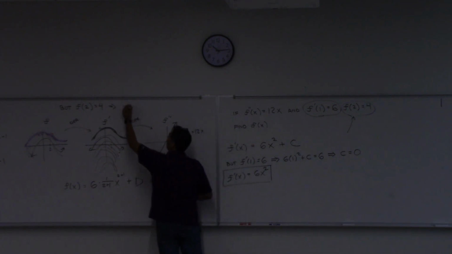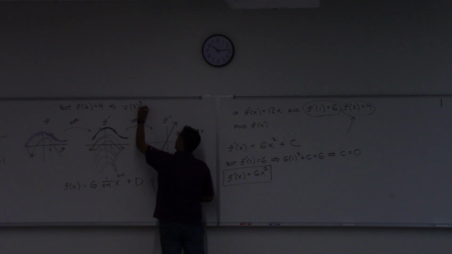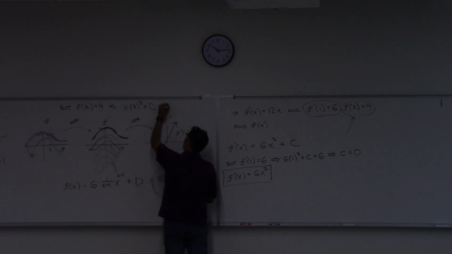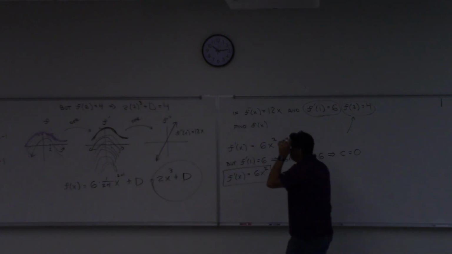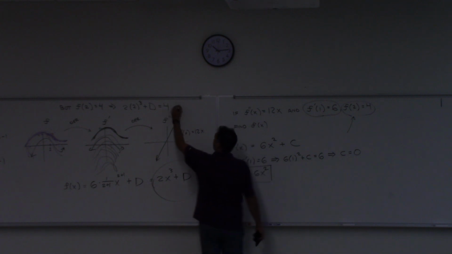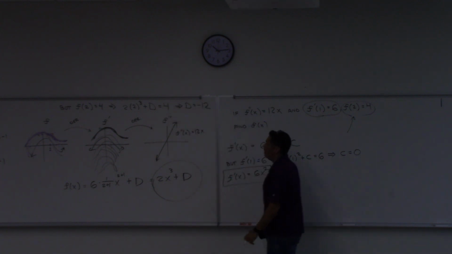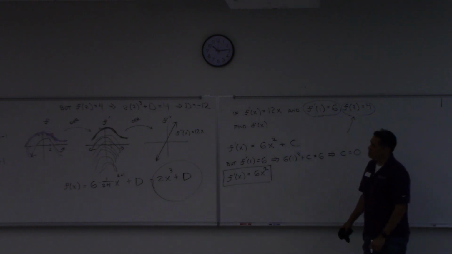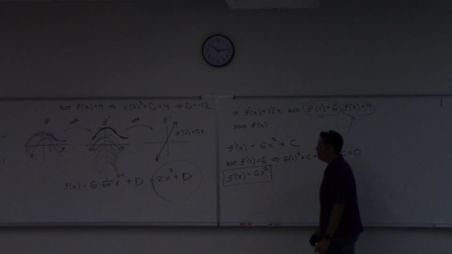So 2 times 2 to the third plus some d I don't know must equal 4. D is negative 12. Yeah, 2 cubed is 8 times 2, 16. Move it over, subtract it, you get negative 12.